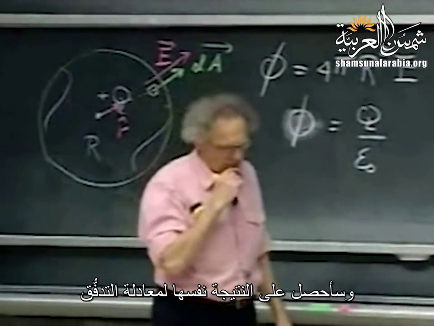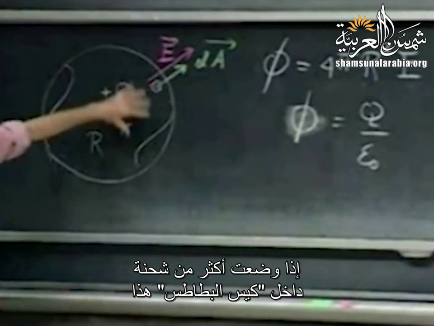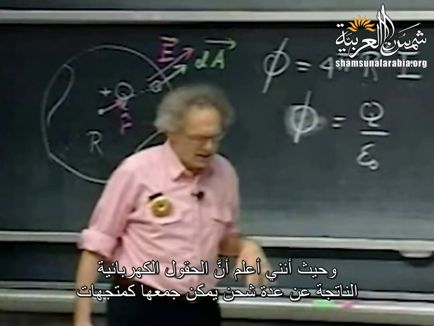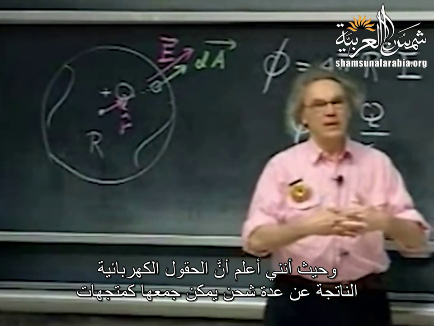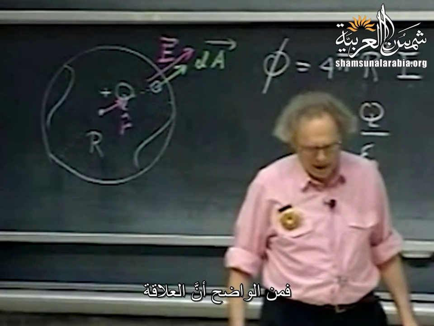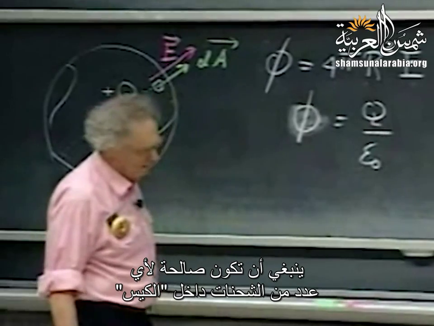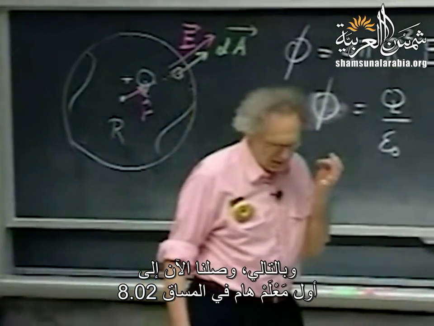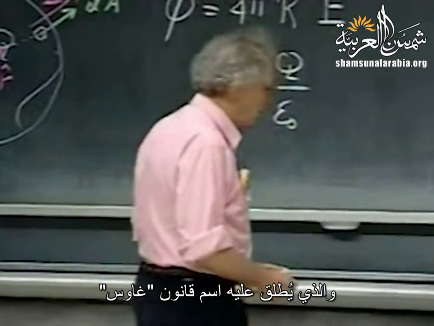I could have taken any type of strange closed surface around this point charge, and I would have found exactly the same result. And if I put more than one charge inside this potato bag, then clearly, since I know that electric fields from different charges can be added, should be added vectorially, it is clear that the relation should also hold for any collection of charges inside the bag. And therefore, we now arrive at our first milestone in 802, which we call Gauss's law.